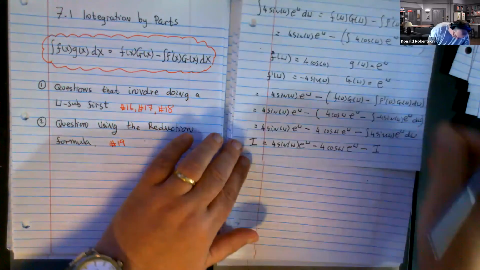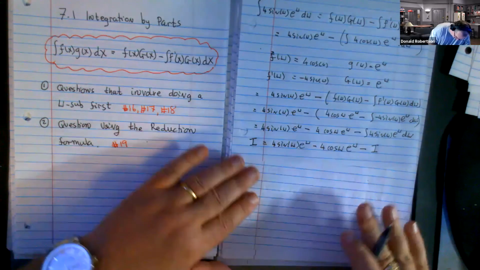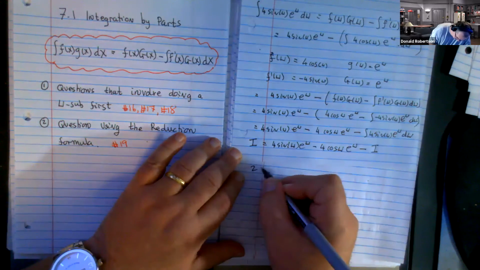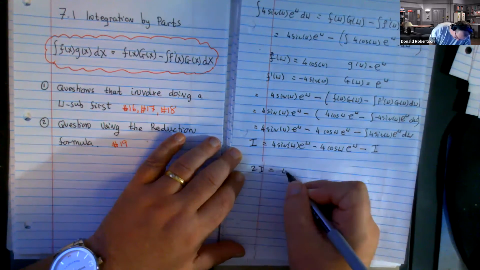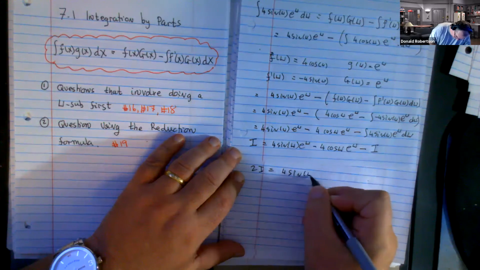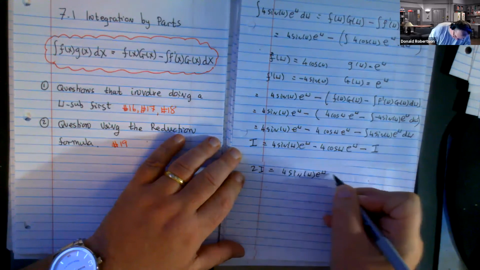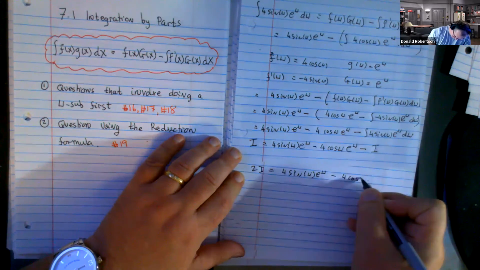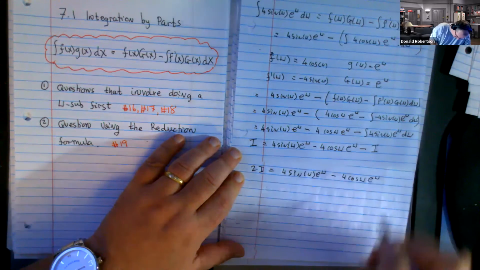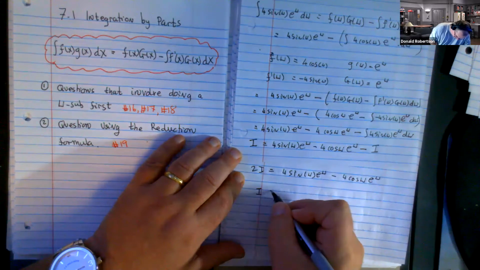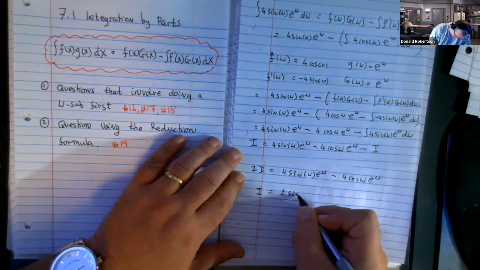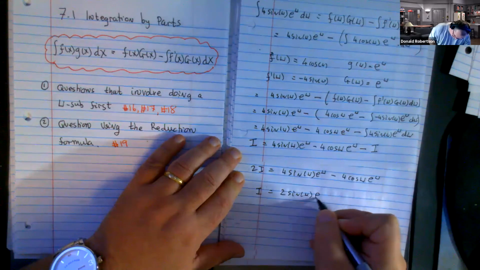If you add an I to both sides, you now have that. And if you divide both sides by 2, you have that.